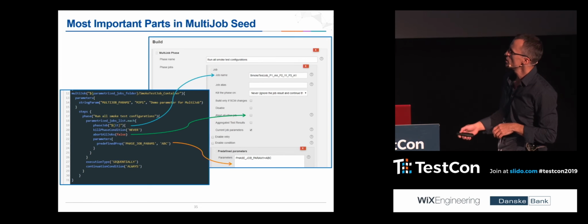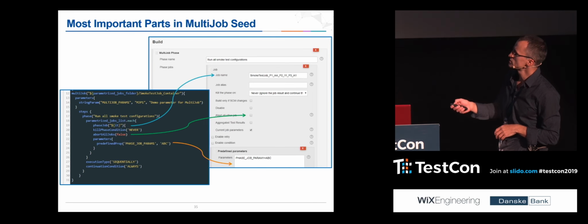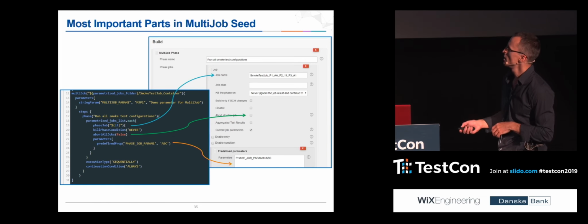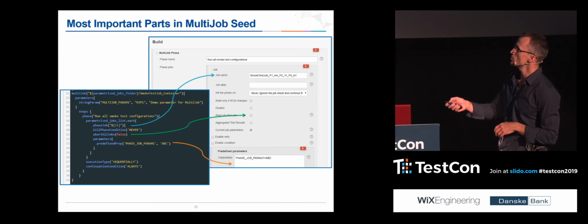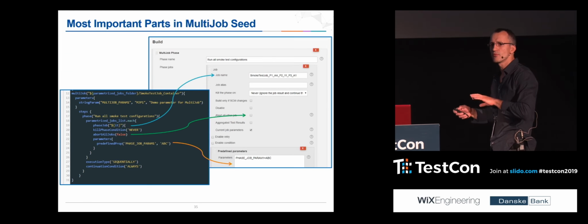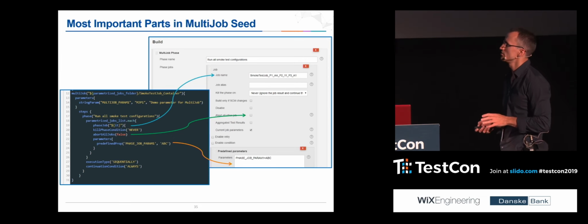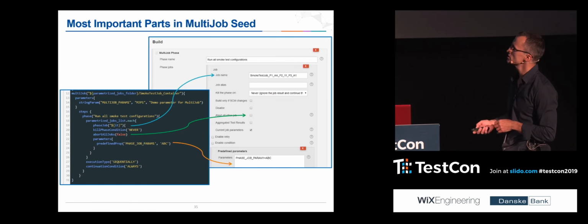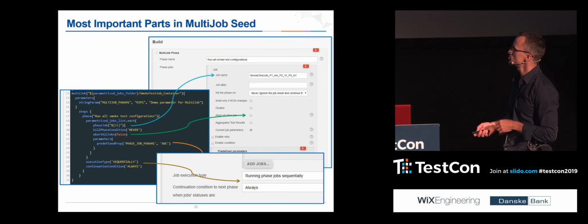And you may also add some parameters to this multi-job. I never use this because I want my child jobs to be independent from any other jobs in my project, but it was just to prove the point.